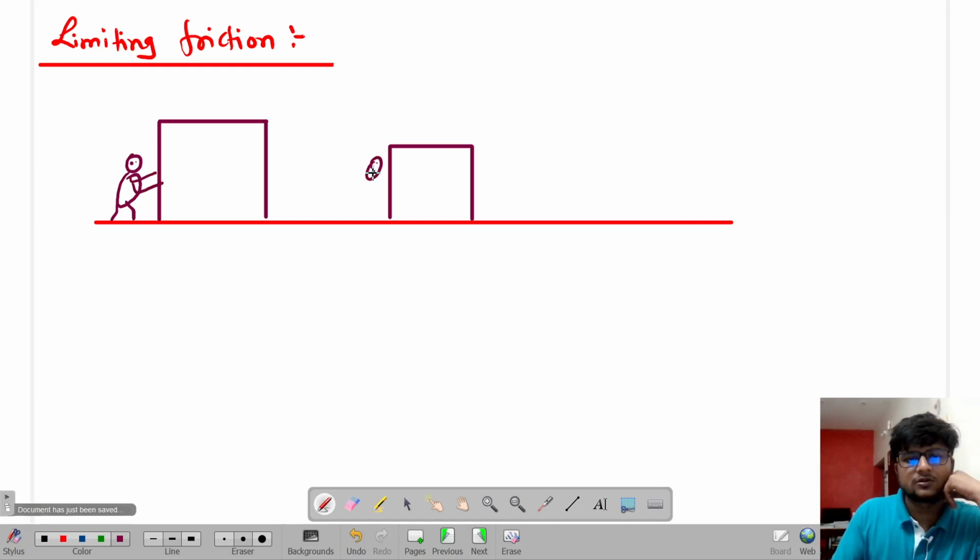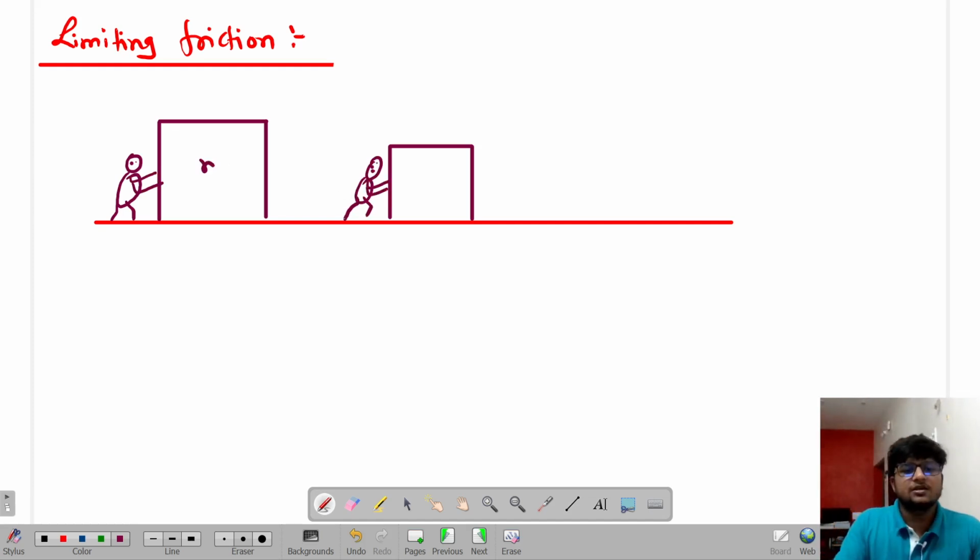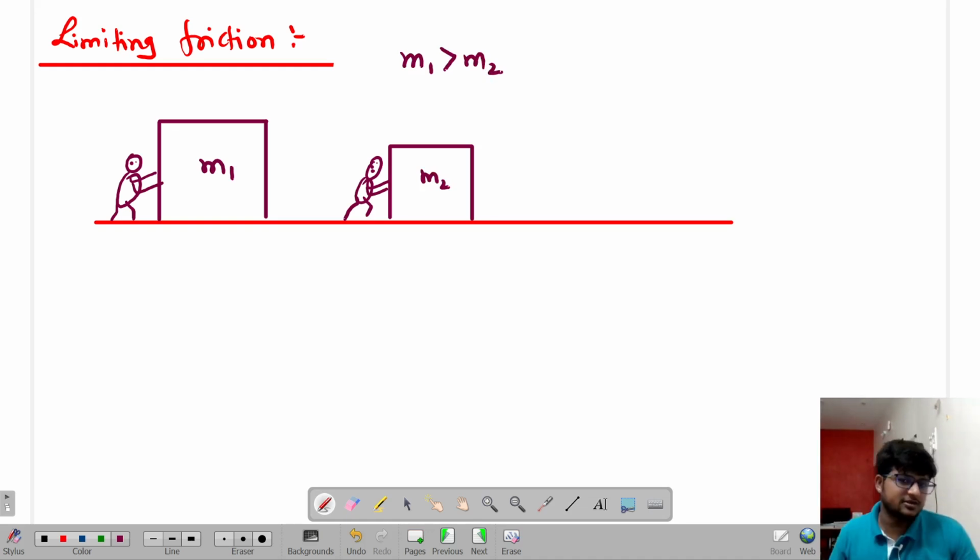After so many years of teaching also, my drawings are not going to be perfect, so sorry for that, guys. This is M1 and this is M2. Now look over here, M1 and M2. Someone is trying to push, and the surfaces are basically rough over here.